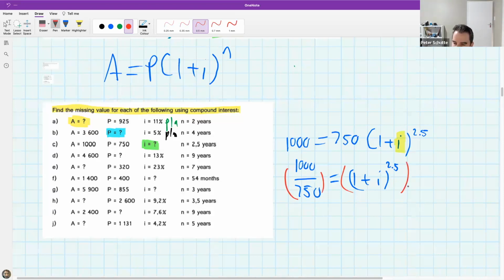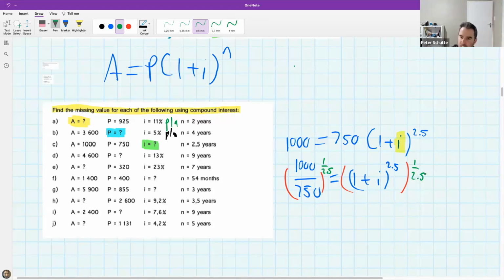I know I have to get rid of this thing, and I've put the red brackets to help me. Now, if I raise this side to 1/2.5, and I raise this side to 1/2.5, we can all agree that if you do the same thing to both sides, it stays the same.